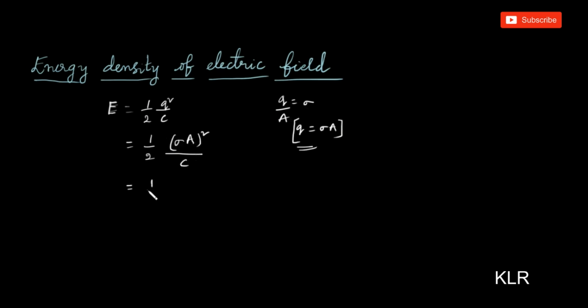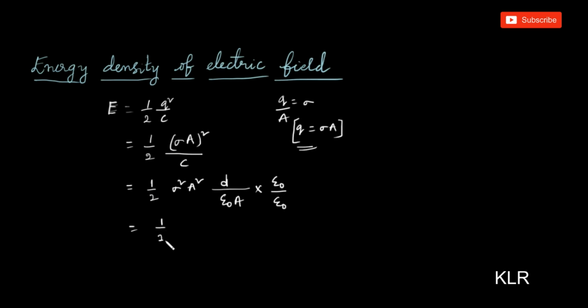Now half into sigma square A square, and 1 by C is epsilon naught A by D. I considered a parallel plate capacitor. The capacitance of a parallel plate capacitor is epsilon naught A by D. Now I will multiply with epsilon naught and divide with epsilon naught.